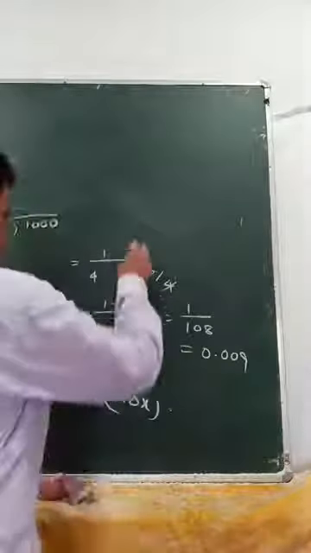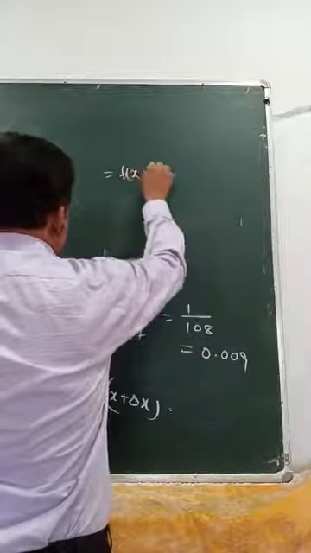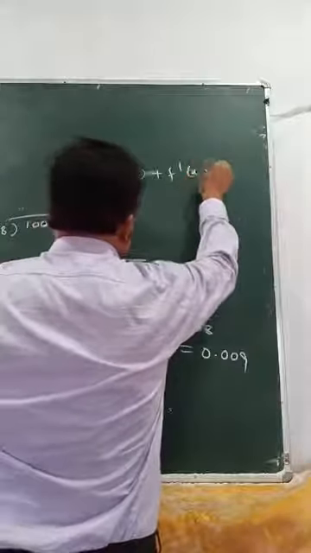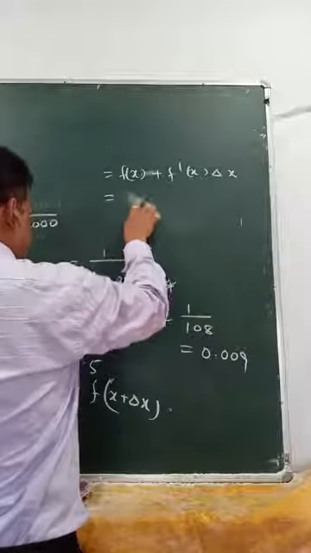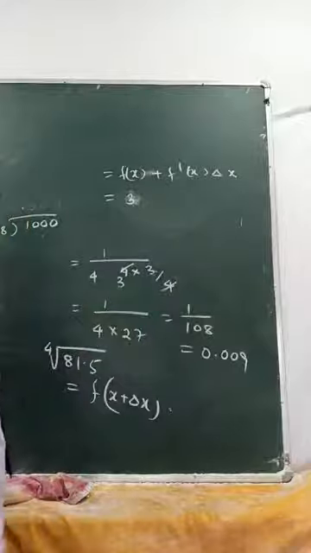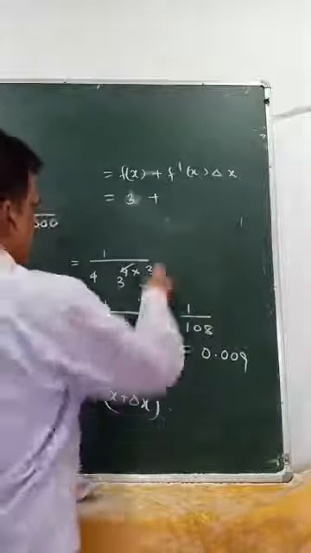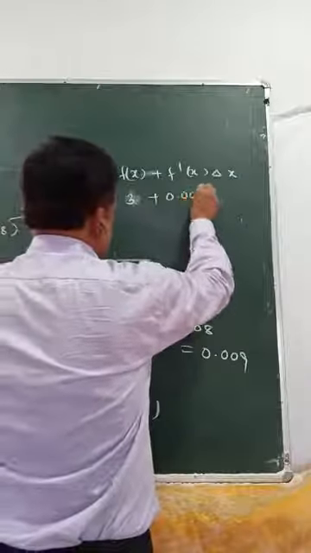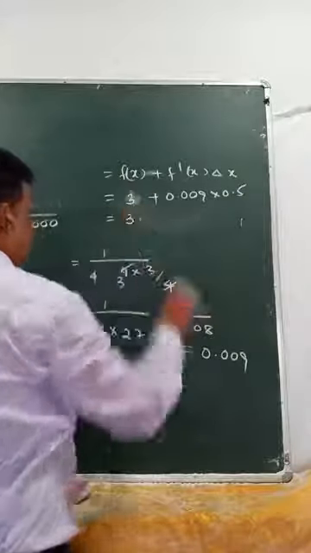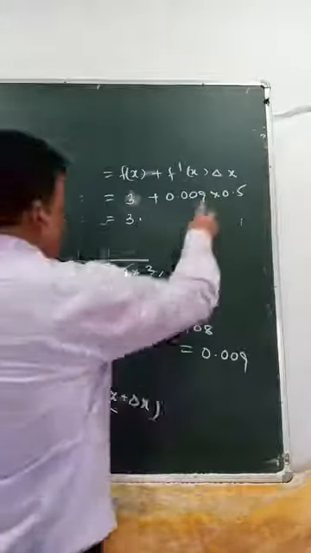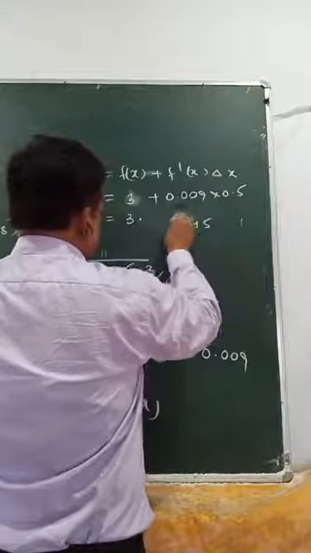That is f(x) plus f dash x delta x. f(x) I have got 3, plus f dash x 0.009 into 0.5. 9 fives are 45. 4 digits after the decimal.